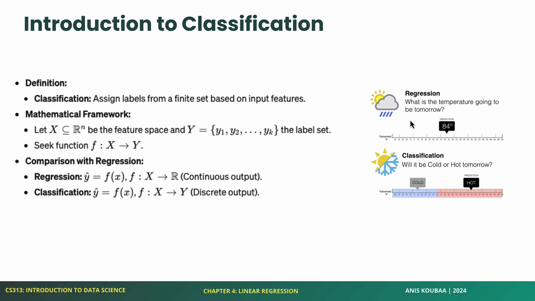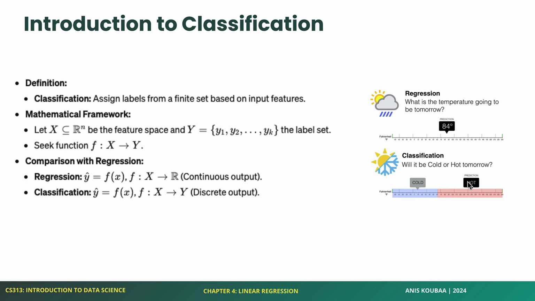Just to have a small example, if we would like to predict the weather temperature as a continuous value, then we have a regression problem. The question will be, what is the temperature going to be tomorrow? And we will look at the exact temperature value. Now, we can simplify the problem. Instead of a real value, we can have, for example, whether it will be cold or hot.